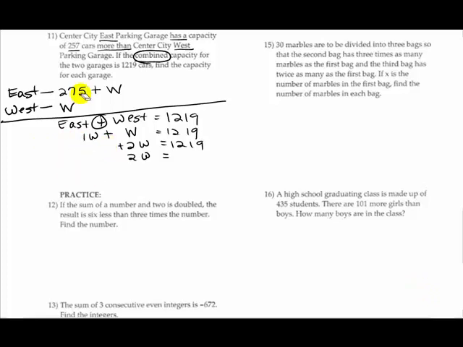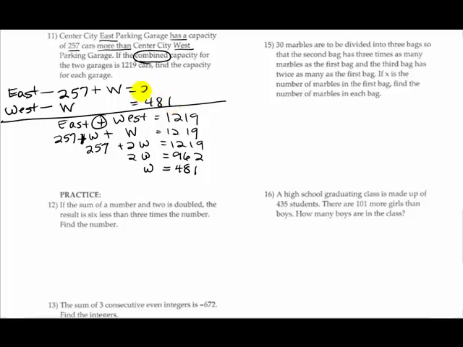It is 257. So when we do that subtraction, 962, divide by 2, and we're going to get 481. That's the west.